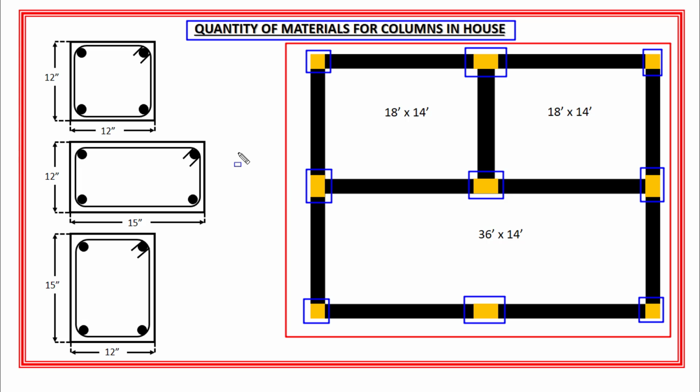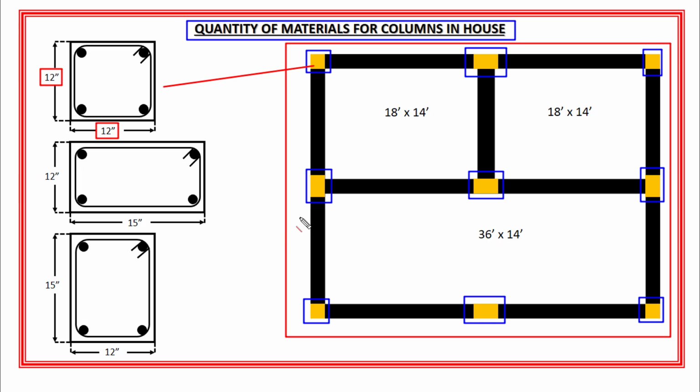Now let's talk about the size of these columns. Okay, so for the square column the size is 12 inch by 12 inch, right? Which means that the length and width of the square column is 12 inches. And now let's talk about the rectangular columns.